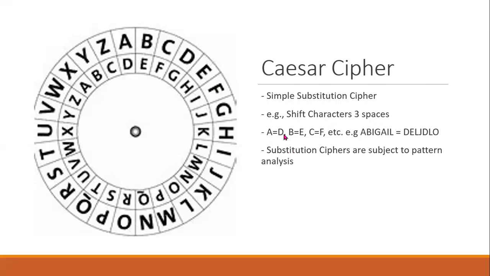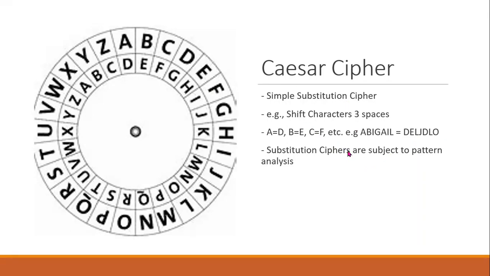So A may become D, B would then become E, C would become F, etc. So if the contents of a message were to read Abigail, that would encrypt as D-E-L-J-D-L-O, because each character is shifted by 3 spaces.